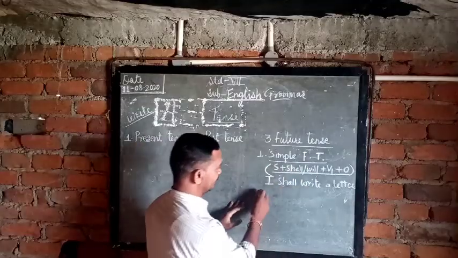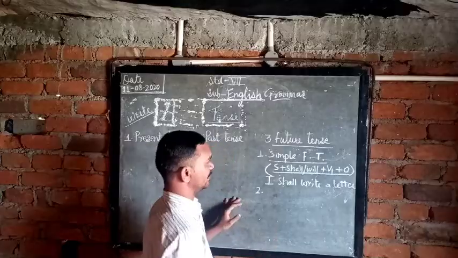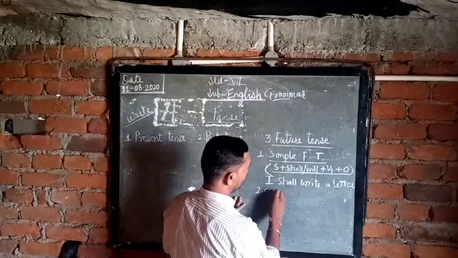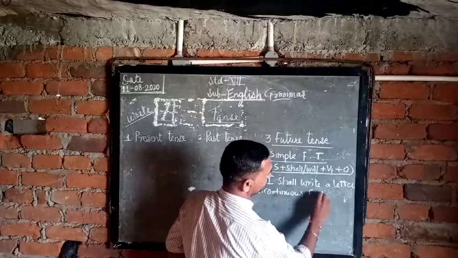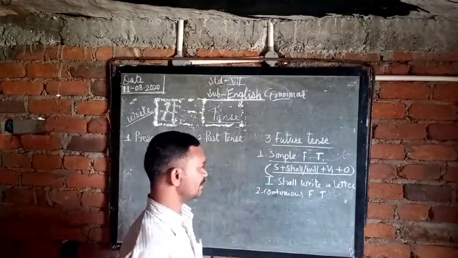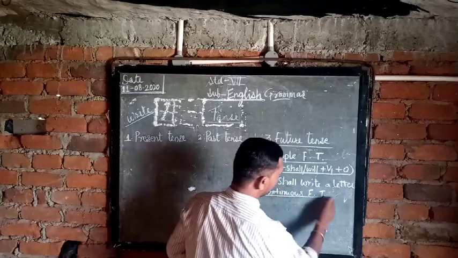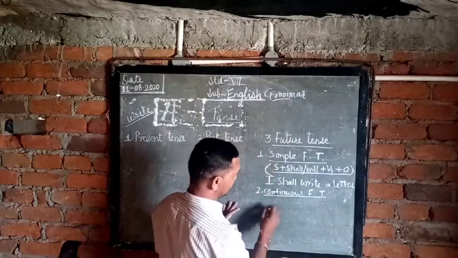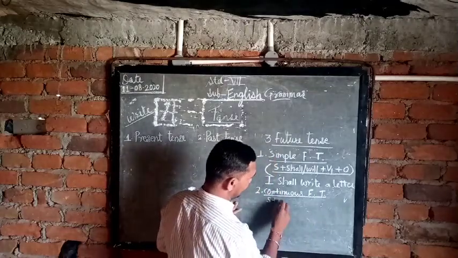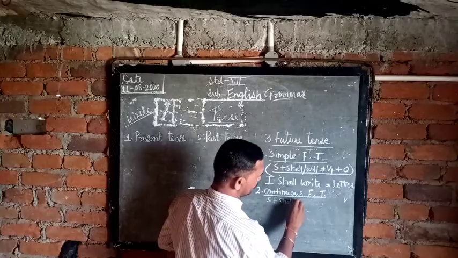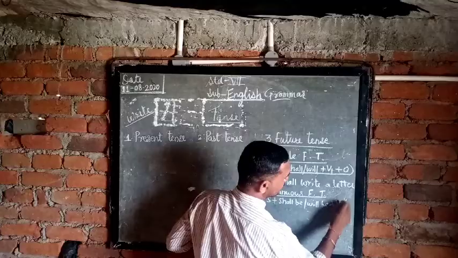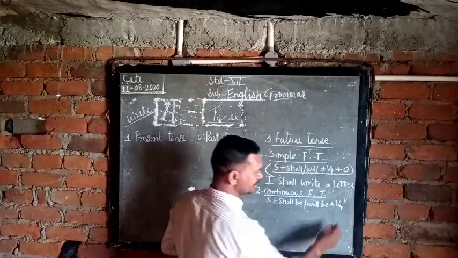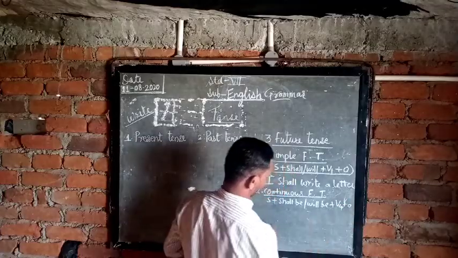Now the second subtype is continuous future tense. This is also very easy. The formula of the continuous future tense is subject plus shall be, will be plus V4, means V-ing, plus object.